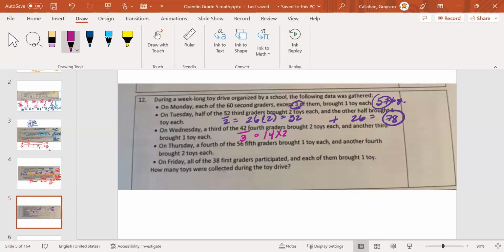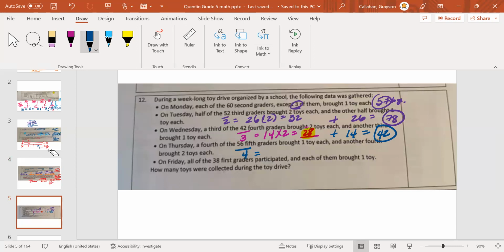They bought 2 toys each, so times 2. So how many toys did they buy? 28 toys. Okay. So I'm just gonna go ahead and highlight it. Then another third, 14, bought 1 toy. So what's 28 plus 14? 42. Good.